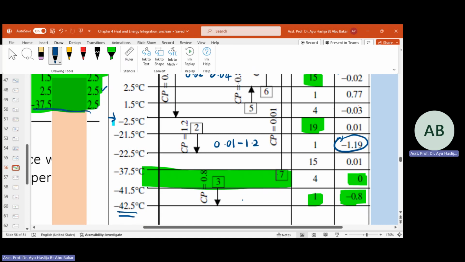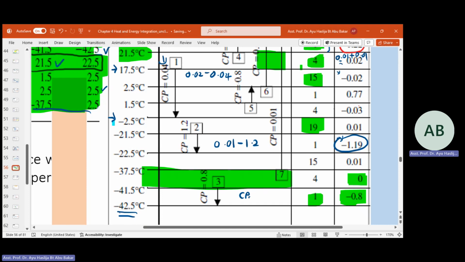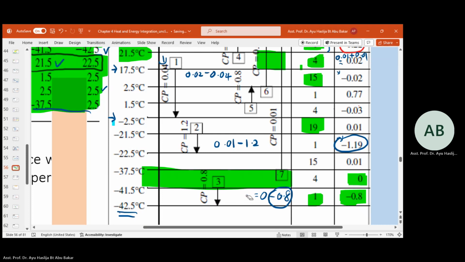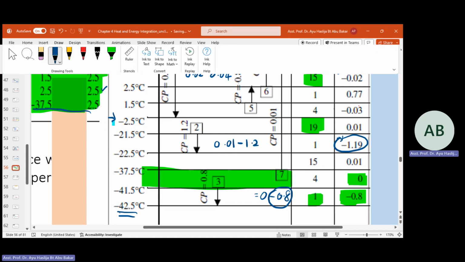So CPC is 0 minus 0.8. So that's how you get negative 0.8 by calculation. Any question before I proceed? That one is for the summation of the CP.